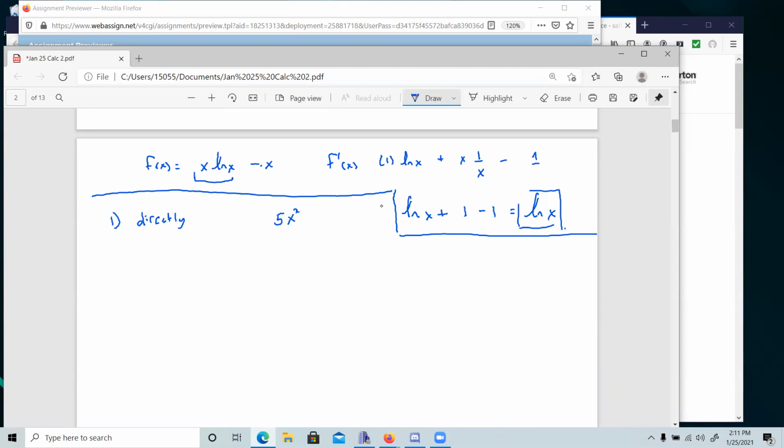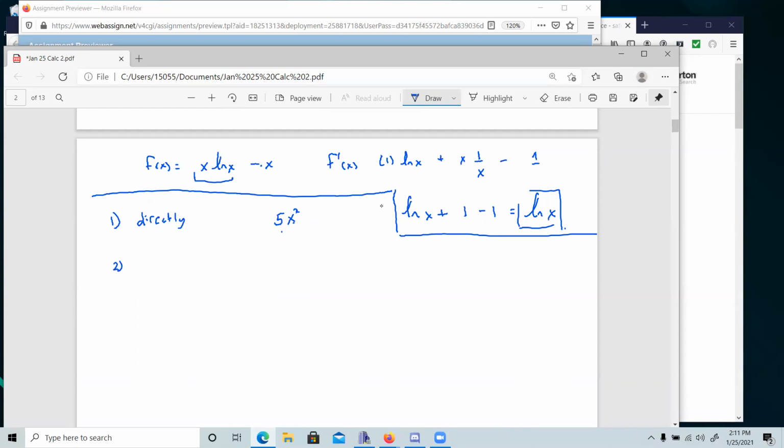It's just a long way around, because you should realize that it's going to be 10x no matter how you do it. They'll do derivative of the first times the second plus the first times the derivative of the second, and it's like, really? But I get it. It's the first time you're learning it, you think, 5 times x, that's a product, I should do this. But if you can integrate directly, good, do that.